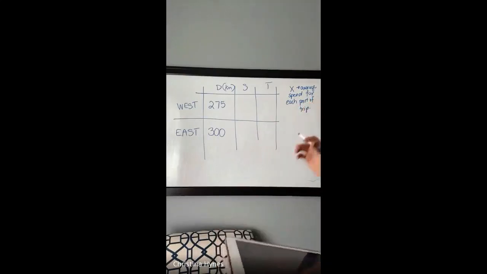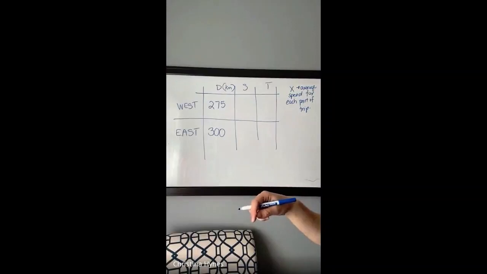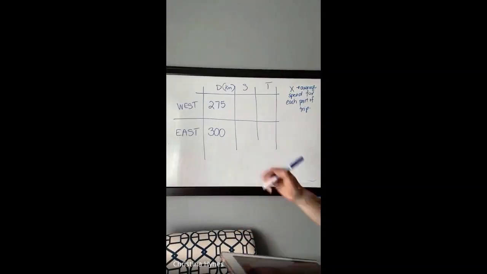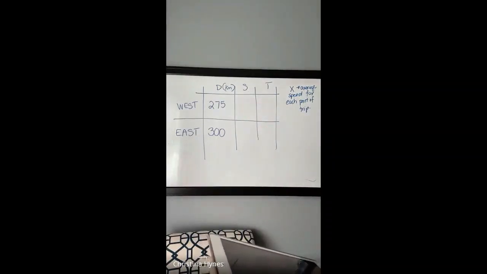You need to always make sure your X is going to help you find your solution. So if X represents speed, make X your speed. Okay, so we're going to have X in this column of our diagram. What it says is he averaged 10 kilometers per hour less while traveling west of Swift Current due to more severe snow conditions.